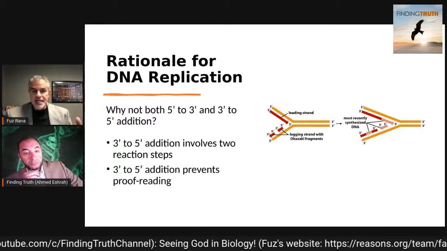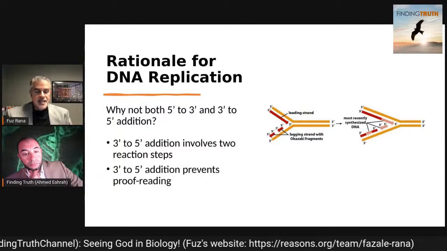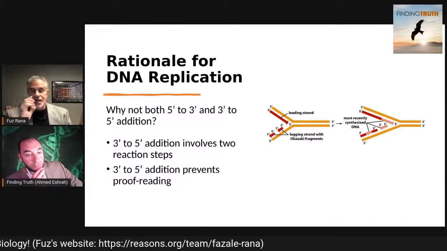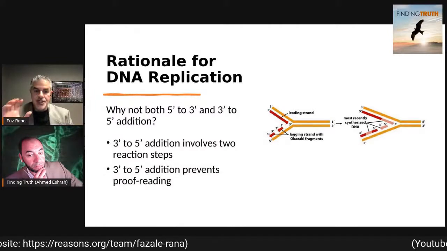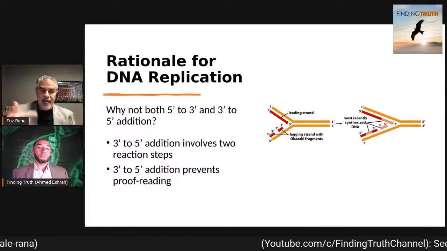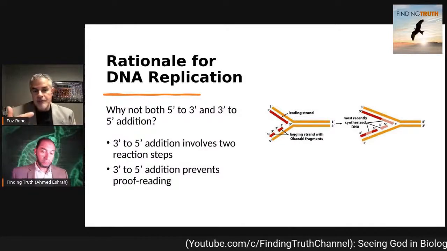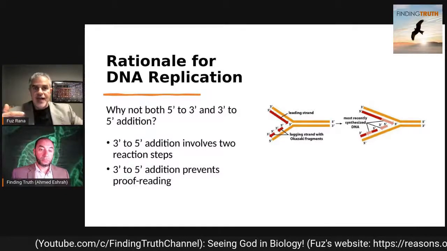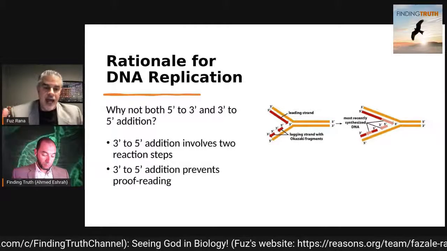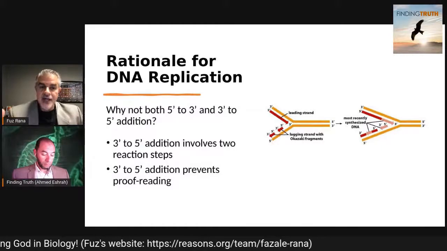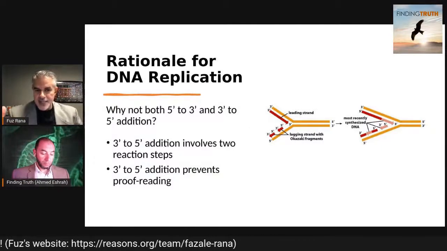But what's interesting is that the cell's replication machinery is coordinated so that the helicase unwinding the DNA doesn't allow the leading strand to get too far ahead of the lagging strand, and so it will slow down to give the lagging strand time to catch up.